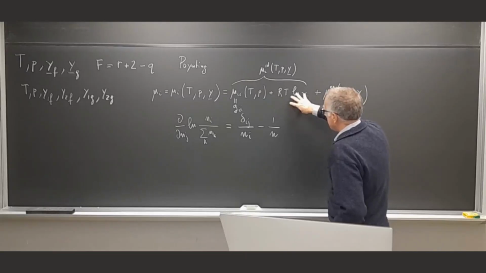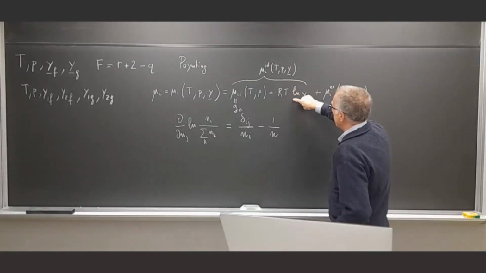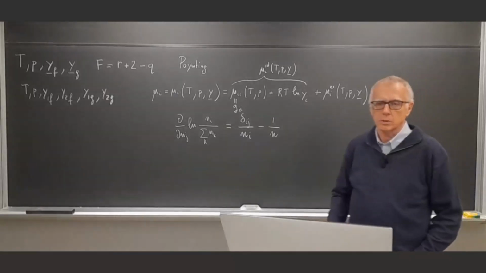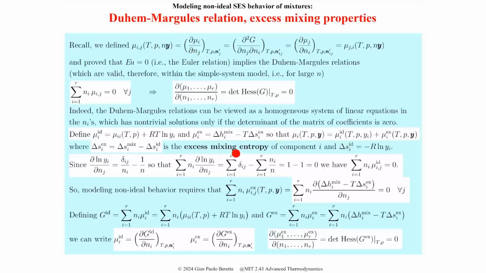It's the only mixing entropy that we have under ideal behavior, and you may have some extra, some excess one. So that's why we say here chemical potential excess is equal to the entire enthalpy of mixing, because for the ideal mixture there is no enthalpy of mixing, and only this excess part of the entropy of mixing.